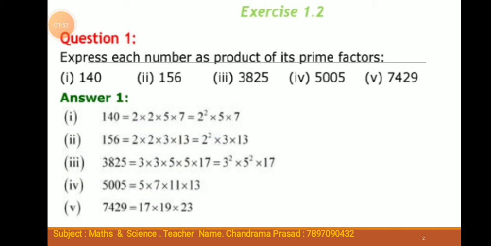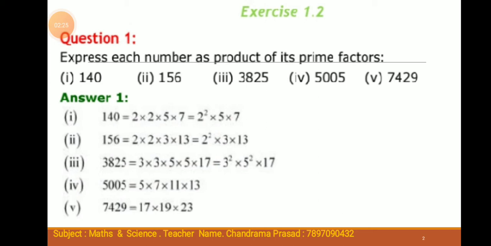Second, 156 equals 2 into 2 into 3 into 13. This can be written as 2 power 2 into 3 into 13. Third, 3825 equals 3 into 3 into 5 into 5 into 17. This equals 3 square into 5 square into 17.